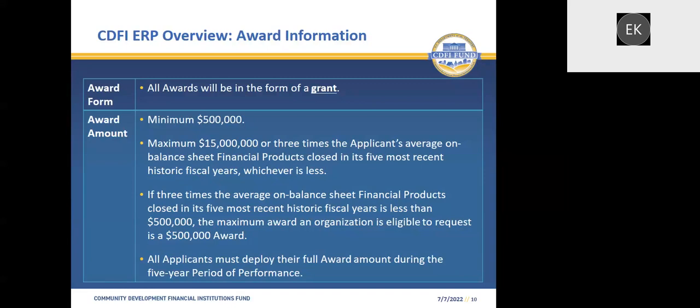If 3 times the average on-balance sheet financial products closed in its 5 most recent historic fiscal years is less than $500,000, the maximum award an organization is eligible to request is a $500,000 award. All applicants must deploy their full award amount during the 5-year period of performance.